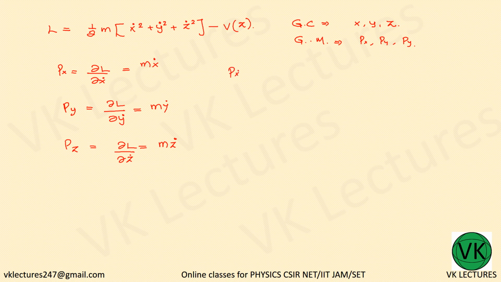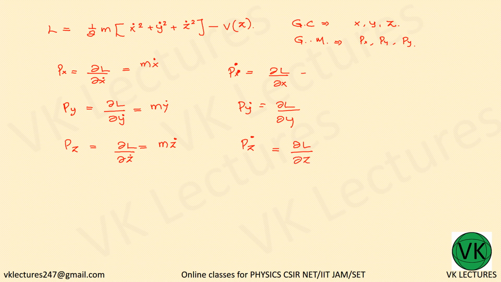Then px dot equal to dou L by dou x, and py dot equal to dou L by dou y. Pz, sorry, here we have px dot. So pz dot is equal to dou L by dou z.